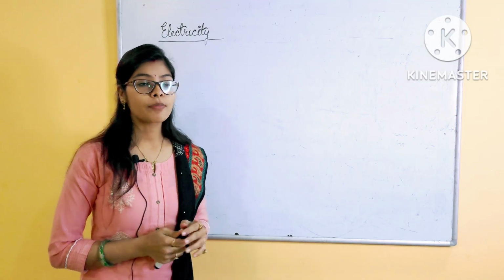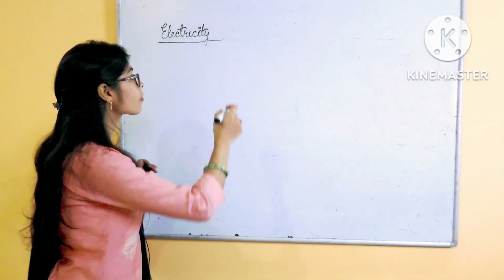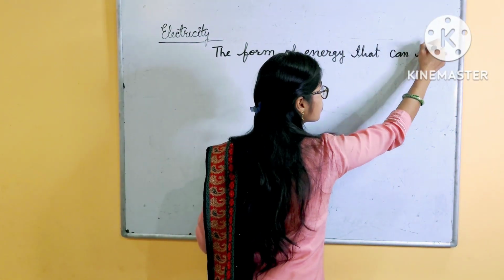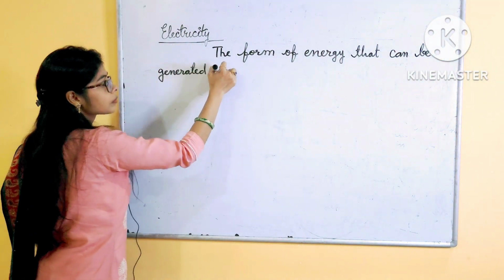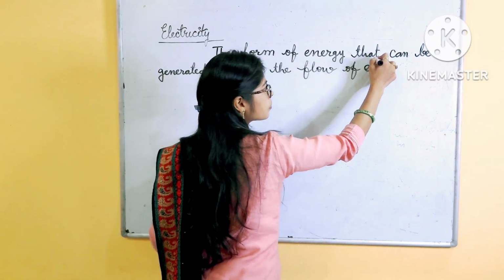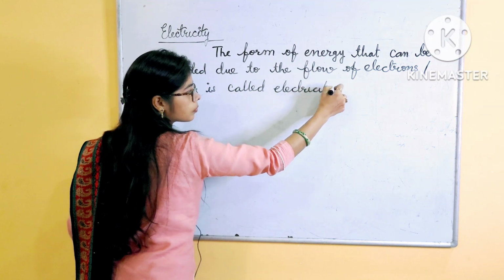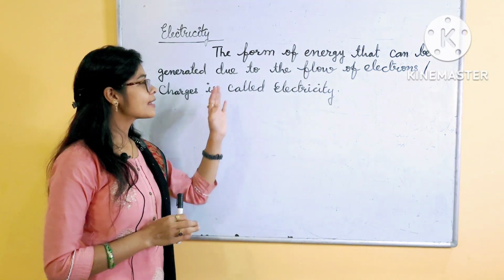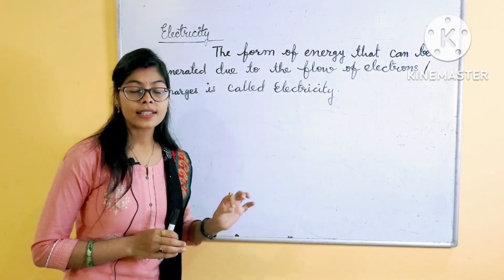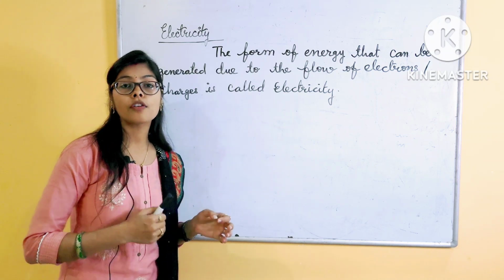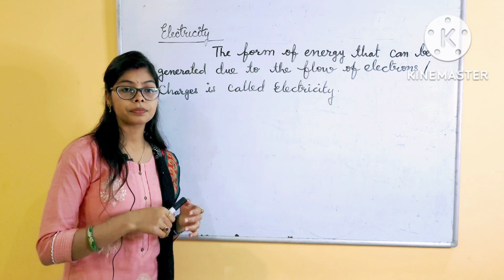First topic of this chapter is electricity itself. As you can see on the board, the definition says that electricity is a form of energy that can be generated due to flow of charges or electrons.